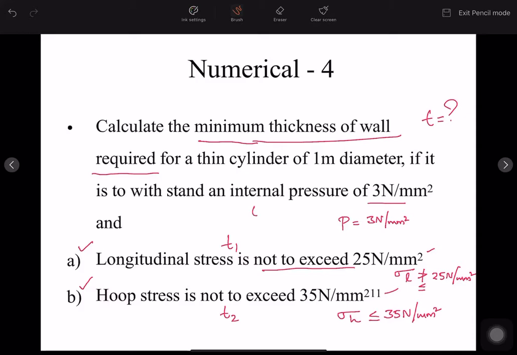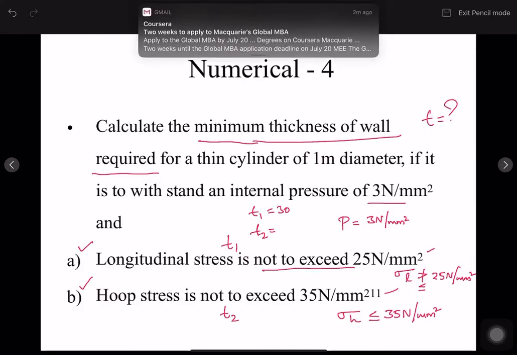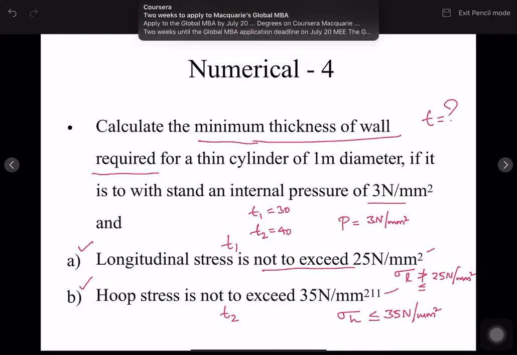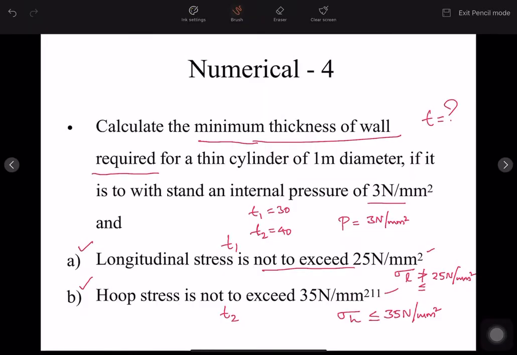Here we got t1 as 30 and t2 as 40, right? It doesn't mean that the minimum of these two, 30, is the answer. That is wrong.